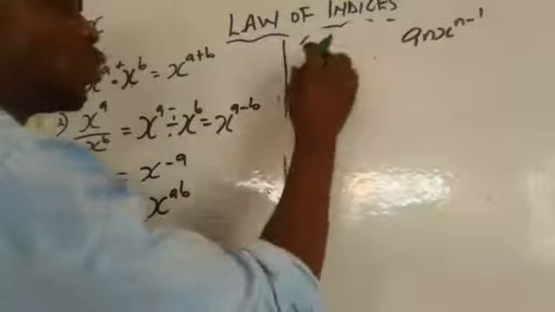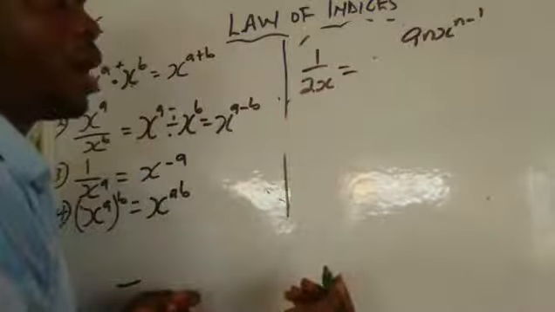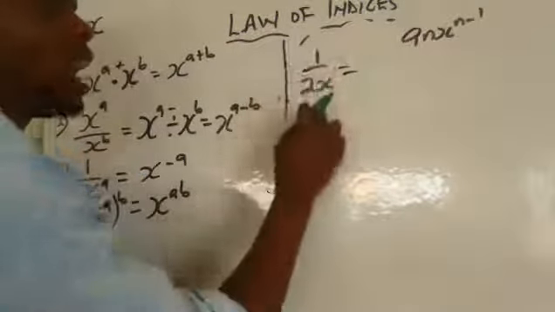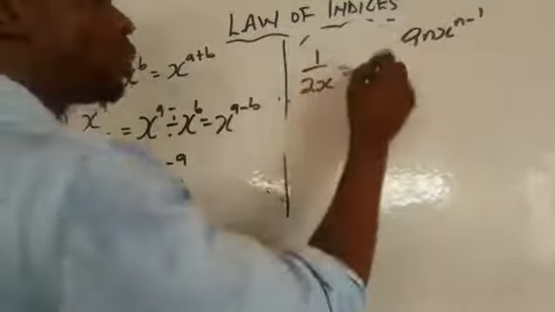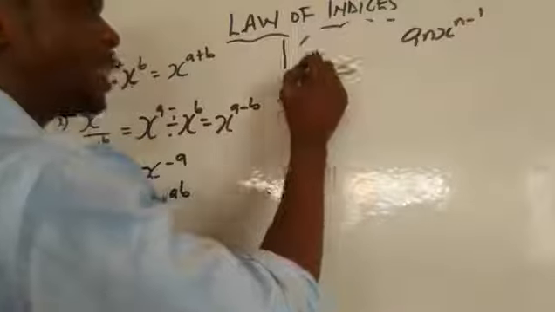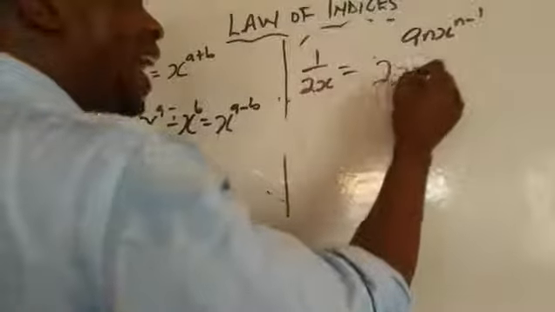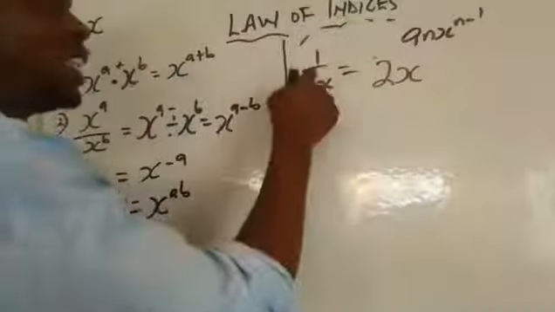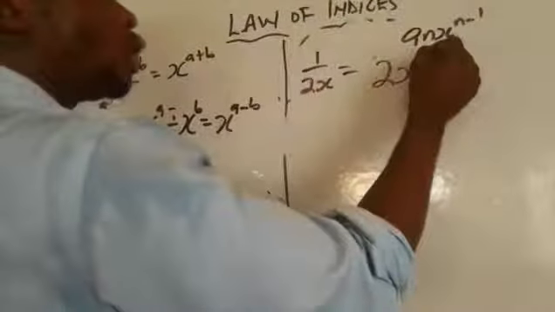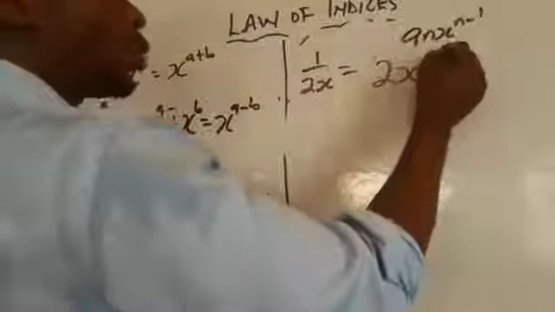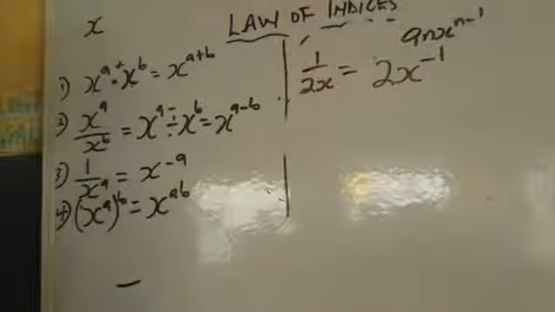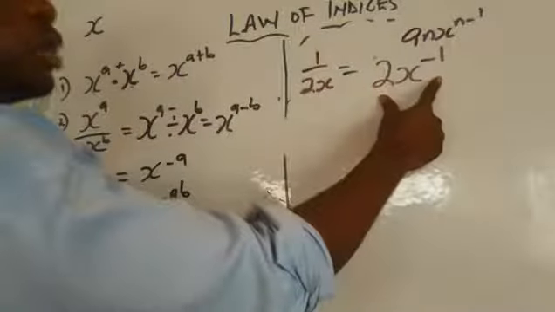The same rule is going to be employed here. 1 over 2x: 1 division means minus. So we write 2x, and instead of writing 1 division, we just change it to raised to power minus 1. It's as simple as that.